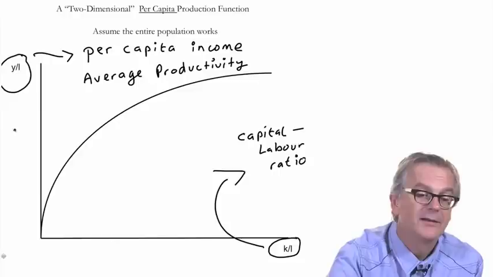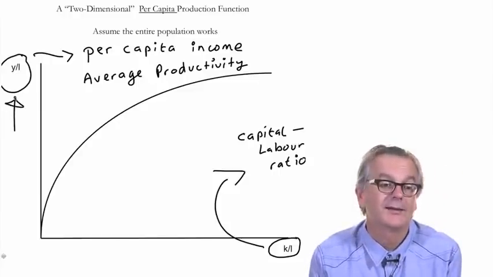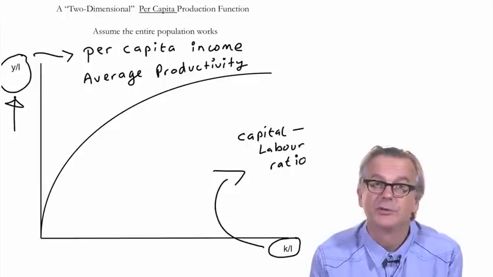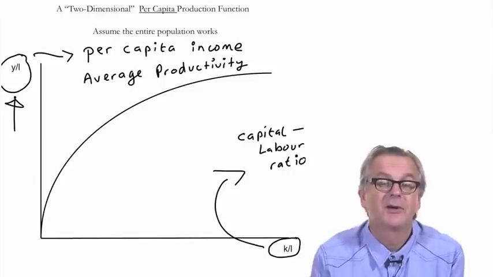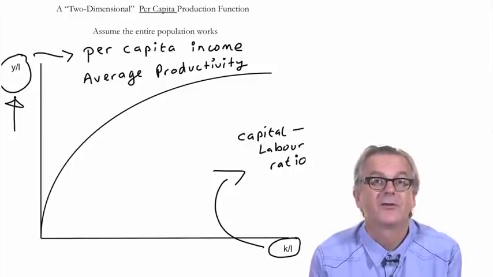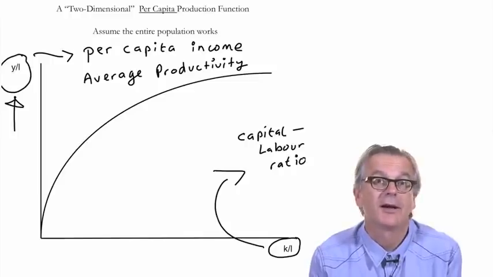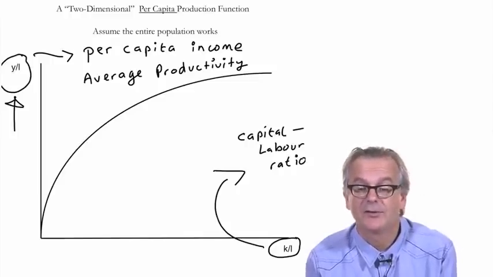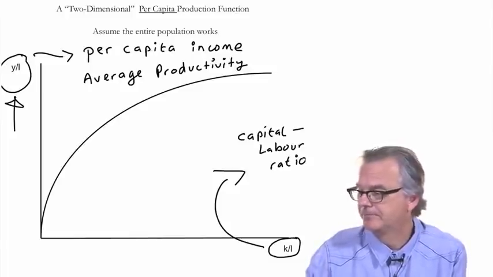And indeed, that's what we're measuring on this vertical axis, the amount of output per person who works. And so by working with this per capita production function, the focus of the analysis very much becomes a story about average productivity. And that's probably the best way to think about how we're going to proceed.